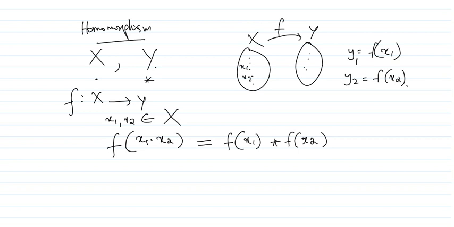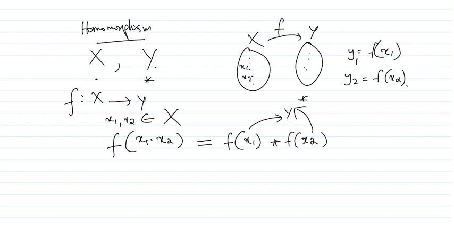These two elements belong to y, because the image under the function f belongs to y. In y the operation is star, so we apply star between these elements. So f of x1 dot x2 is equal to f of x1 star f of x2.